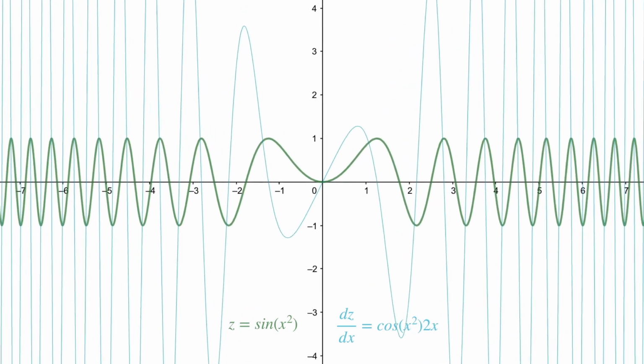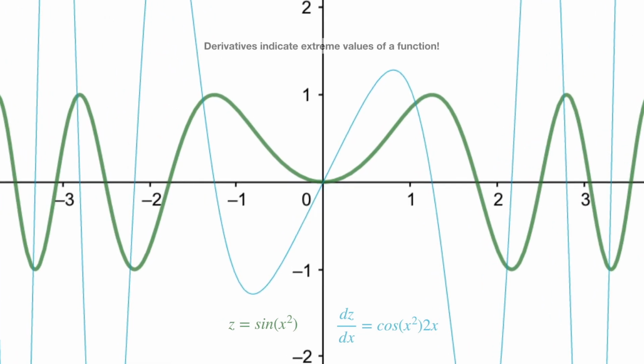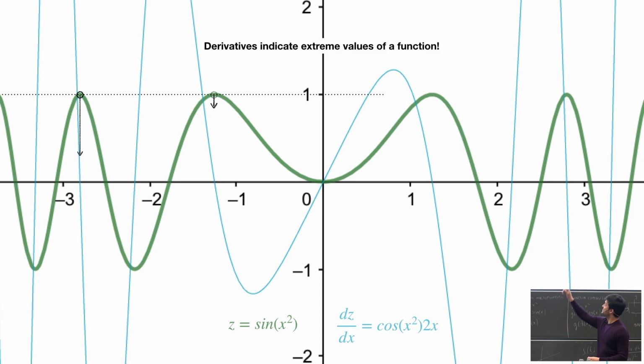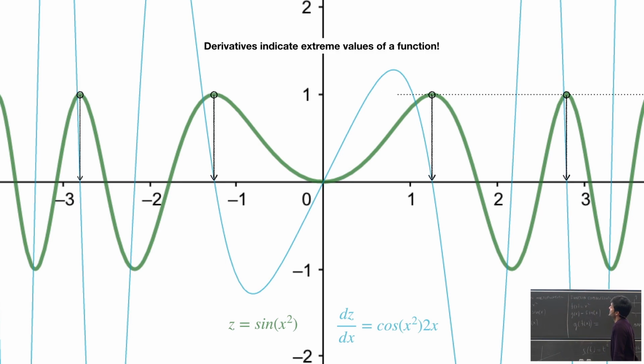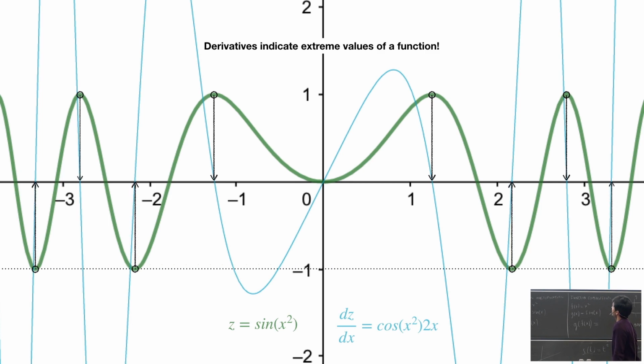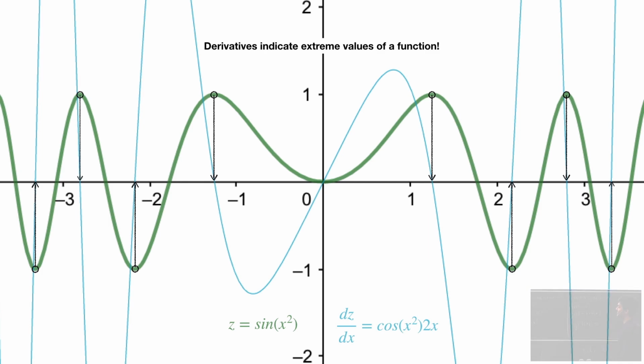Let's see what it does. If we zoom in and investigate these values at the top and at the bottom, you will see that they land on a spot where the derivative function is equal to 0. It does so both for the minima and for the maxima. So the derivative function is very useful because it tells us about some kind of terminal states of our function.